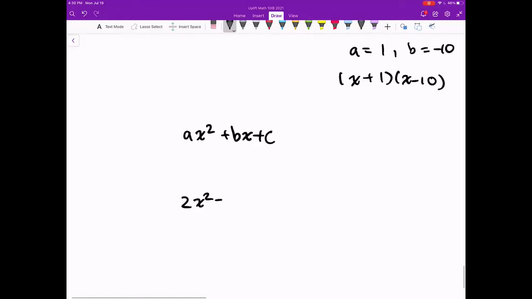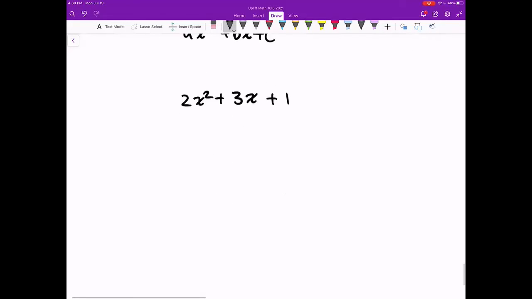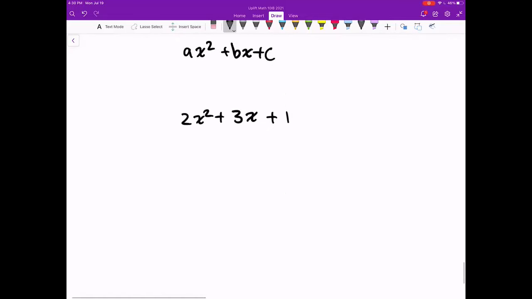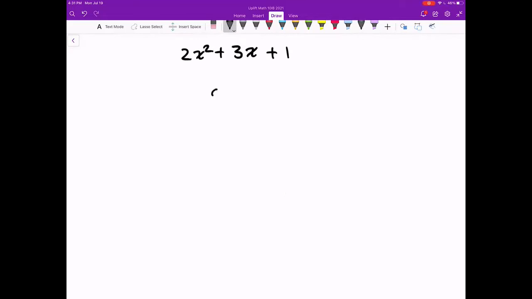So 2x squared plus 3x... it doesn't have to be factorable. It was confusing because if we named our roots a and b, the coefficients are confusing too. So two numbers that multiply to a times c and add up to b, the same as our previous method.